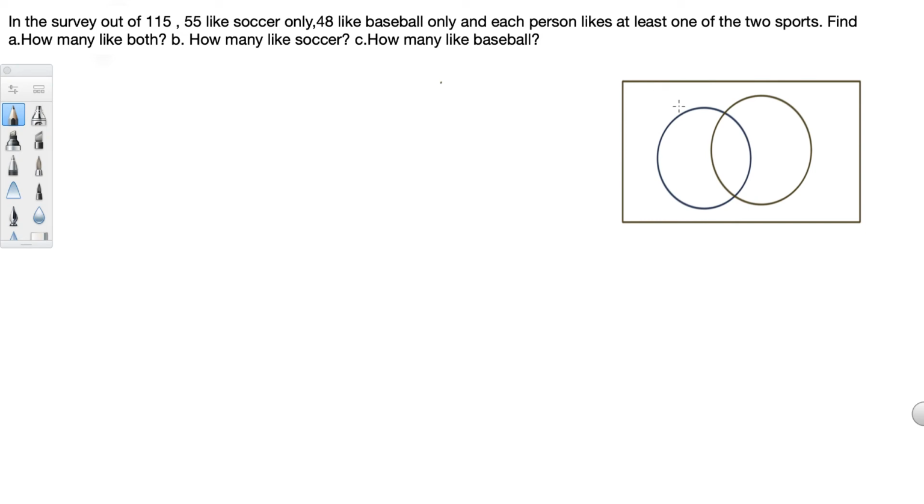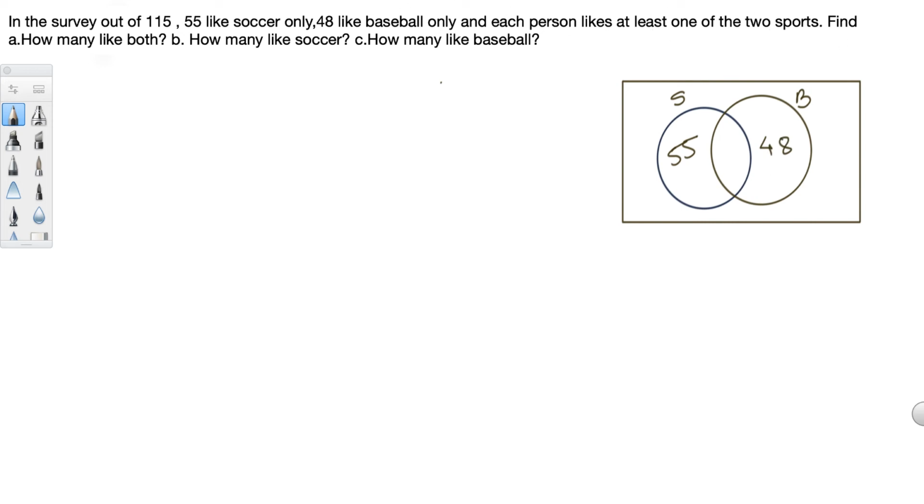So let us introduce soccer with S and baseball with B. From the question, 55 like soccer only, so this area over here is soccer only, so 55 like this, and 48 is baseball only, so this area over here is only baseball, so this is 48.